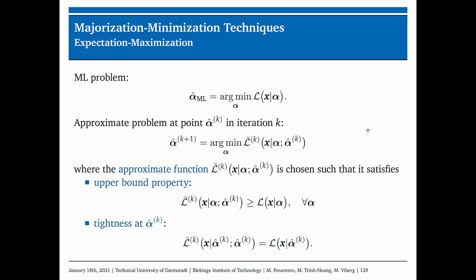In order to guarantee convergence, the approximate function must satisfy certain regularity conditions that were already mentioned by my colleague Minh Trinh-Hoang. First, the upper bound property must hold. Hence, the graph of the approximate function must be strictly above the graph of the likelihood function. Second, the approximation must be tied at the current point given by alpha hat k.